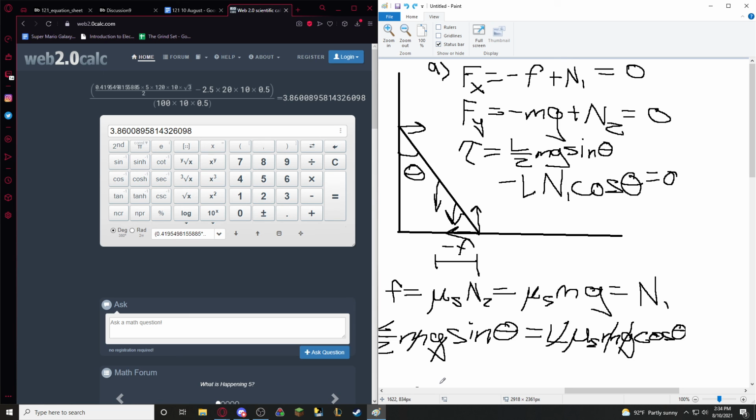Is all the torque moving in the same direction there, or because L over 2 mg sine theta is moving, I guess you would say, out of the page, right? Yep, out of the page, so counterclockwise. Counterclockwise, and then L n1 is moving into the page. Yep, into the page, clockwise. So they end up canceling each other out.